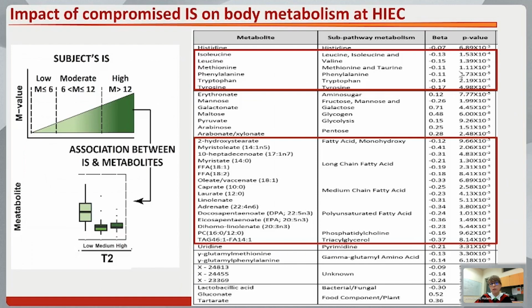And we know that branched-chain amino acids are already signatures of type 2 diabetes. So it's really showing that those individuals are compromised in terms of their response to insulin.